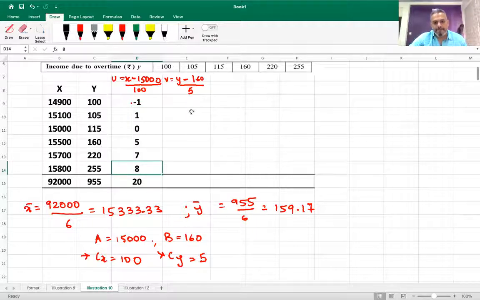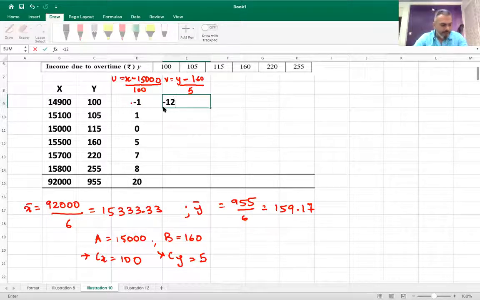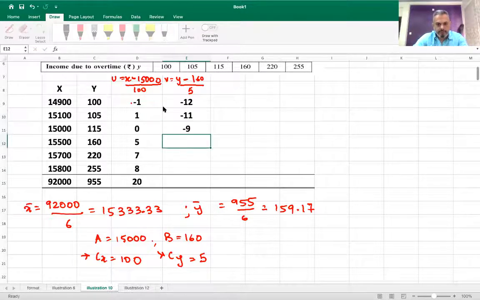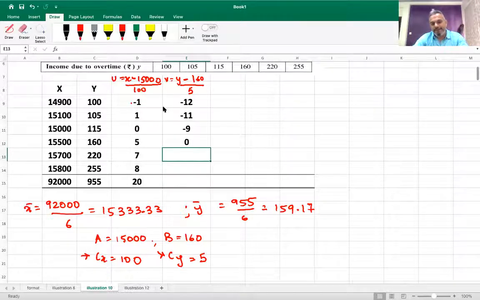Now, y minus 160 by 5. So 100 minus 160 is minus 60, minus 60 by 5 is minus 12. Then 105 minus 160, so minus 55, so minus 11. 115 minus 160, so minus 9. 160 minus 160, 0. 220 minus 160, again 12.